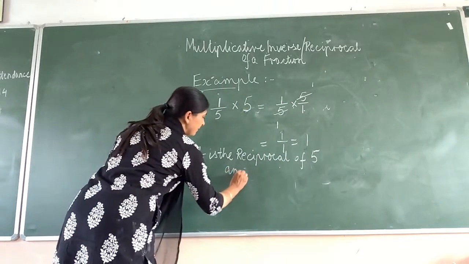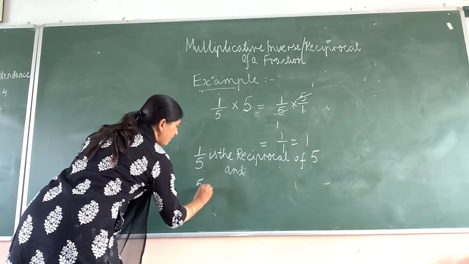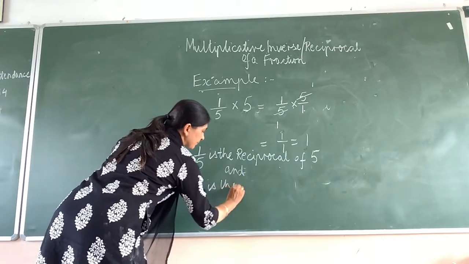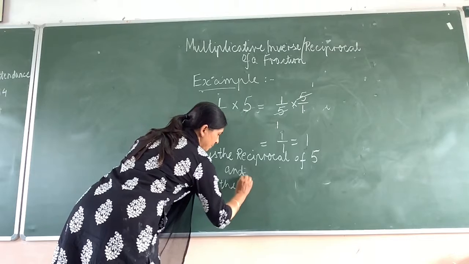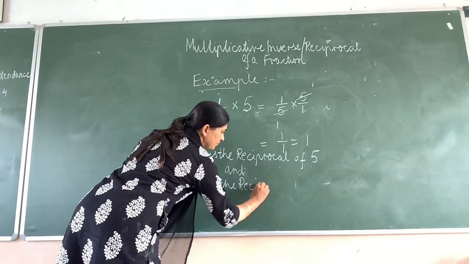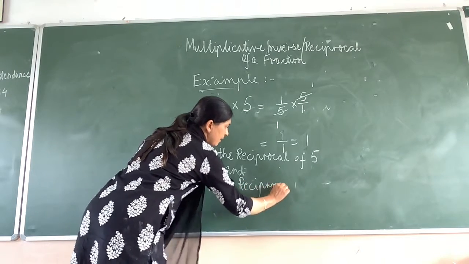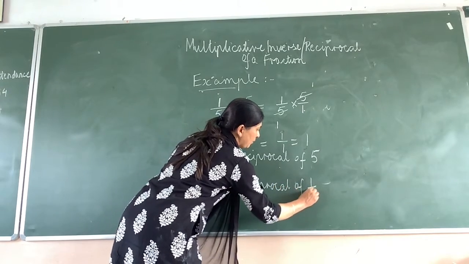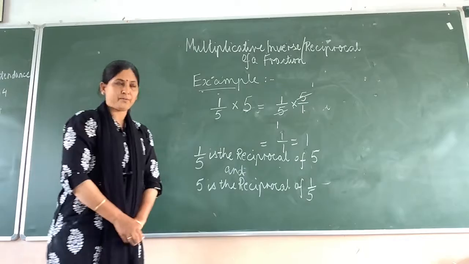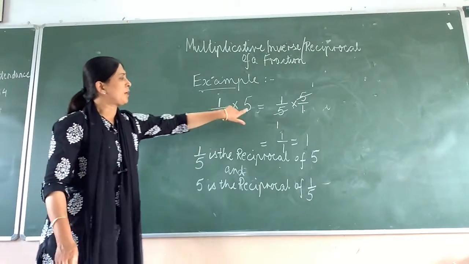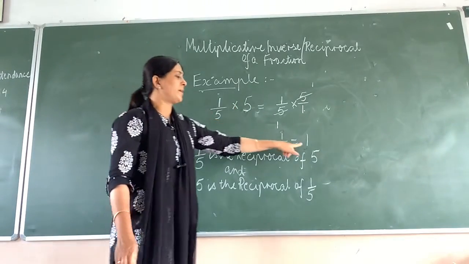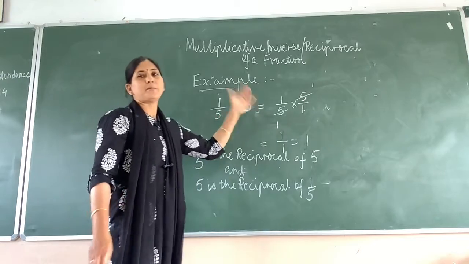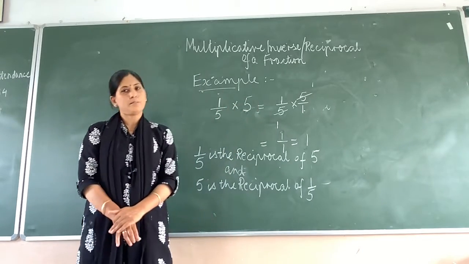And 5 is the reciprocal of 1 over 5. So whenever the product of two fractions is 1, each of them is the reciprocal of the other fraction.